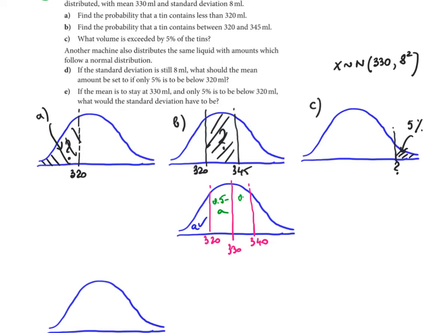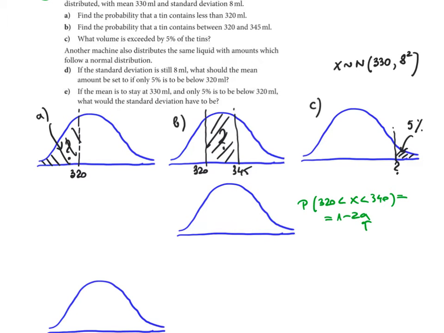And this one will be the same, 0.5 minus what is your answer in A. So therefore, if the question asks what's the probability of X being between 320 and 340, my answer would have been 1 minus 2A, where A is my answer in question A. But I'm not that lucky, so I need to do some calculations. Just what I wanted to point out is that while I'm drawing this, I'm doing some thinking of how the questions are related to each other, and very often they are.